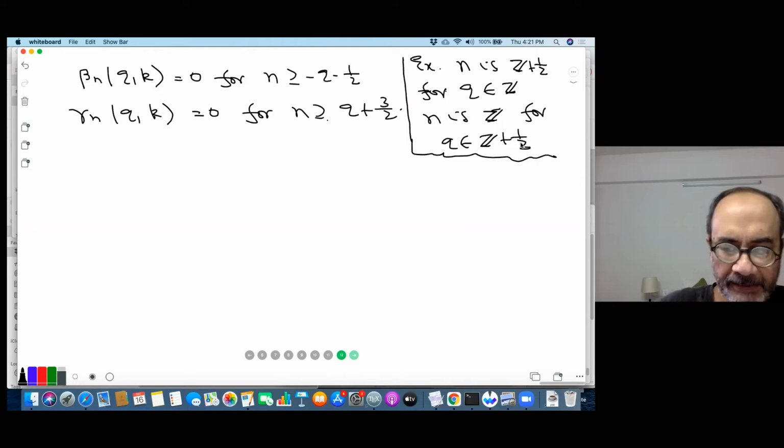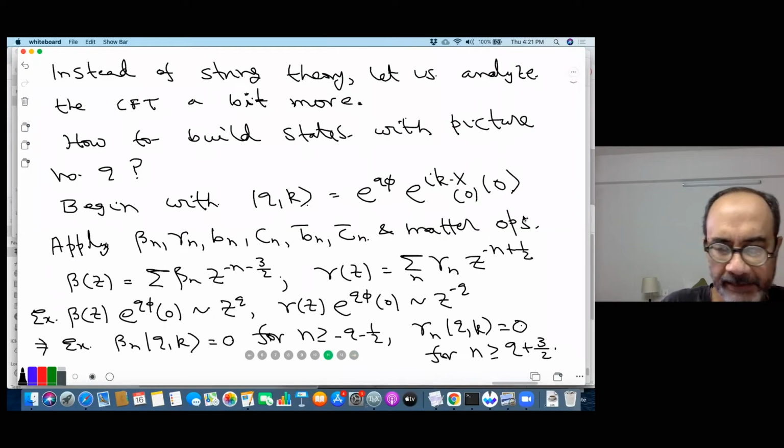That essentially follows because of this extra minus 3 half and half. So if Q is half-integer, the n's become integer, and vice versa.